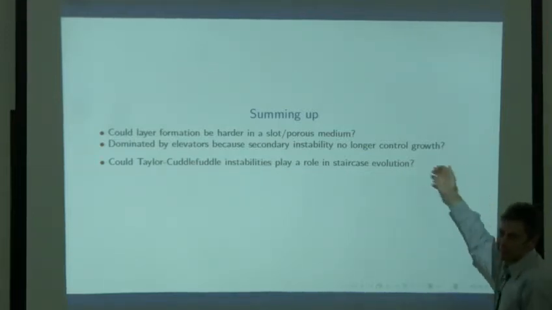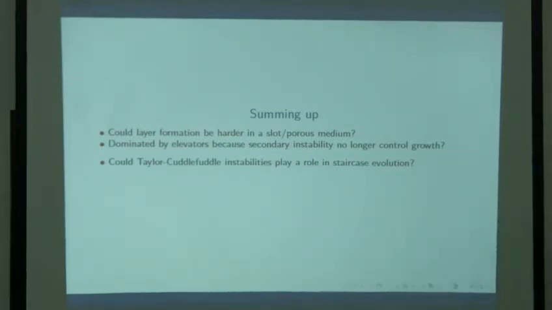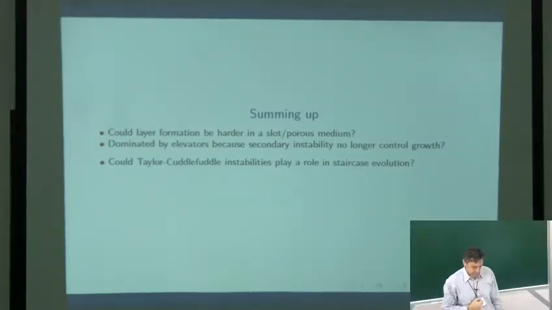So my second part of the problem is that you can formulate this nice stratified shear instability problem. If you have a staircase structure in the density, then in principle it's susceptible to a large number of these Taylor-Caulfield instabilities. So it makes you wonder whether this could be relevant in the evolution of a staircase.